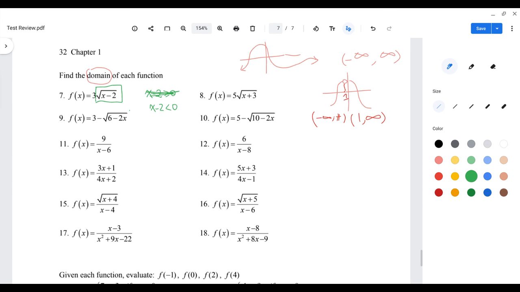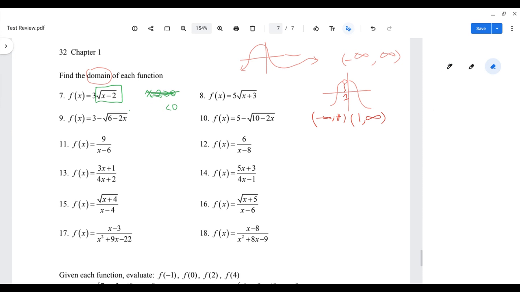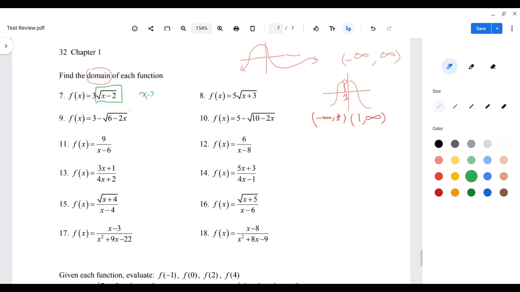So let's just use the first one. So x minus 2 must be larger than or equal to 0. If you solve it, x is larger than or equal to 2.